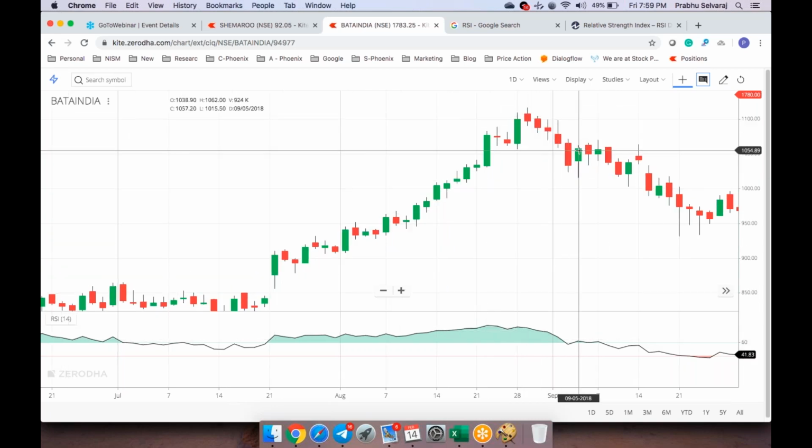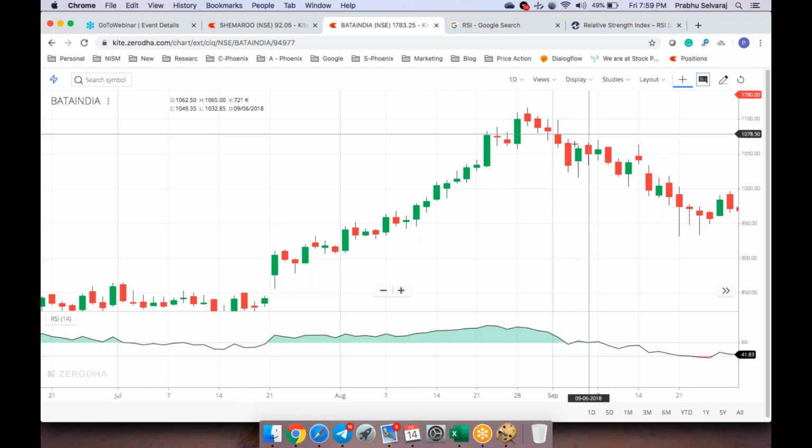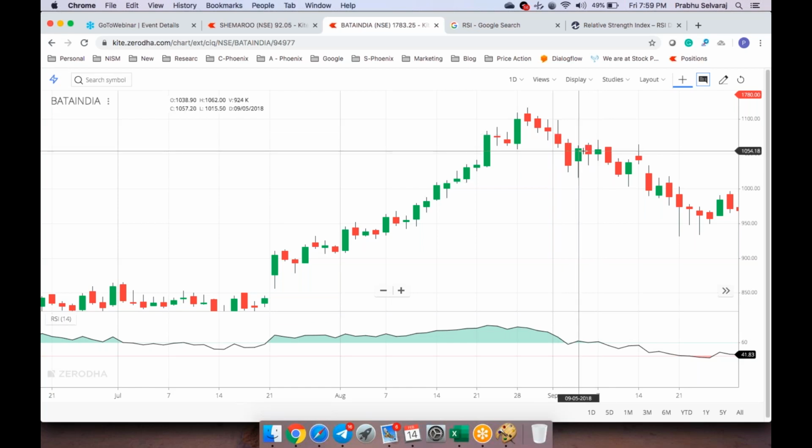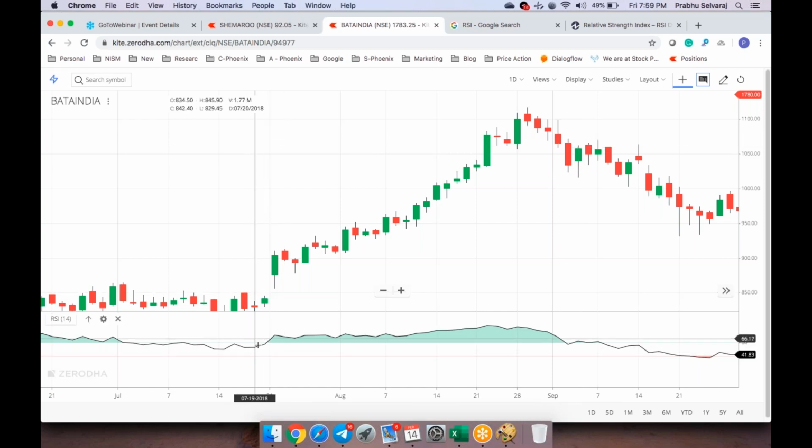Look at how beautifully one green candle has appeared when the RSI hit 60. Now, can I enter here because it is above 60? No. My entry is not when the RSI takes support at 60. My entry is only when the RSI is crossing 60. I have to make an entry.